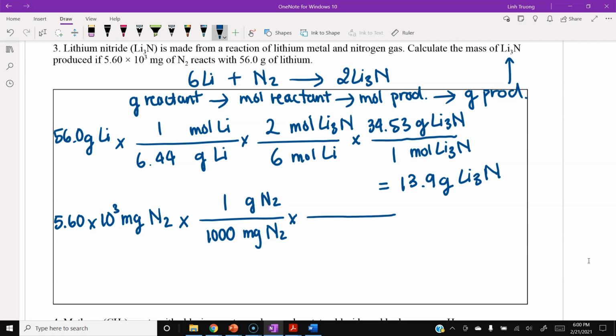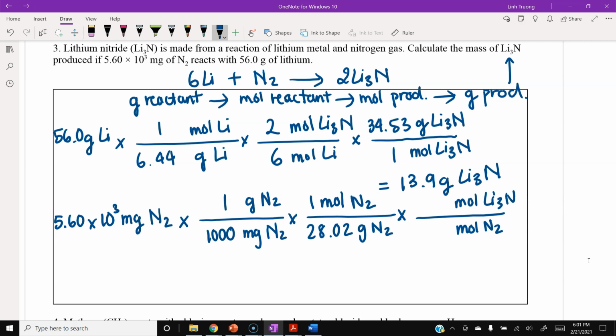We can do the same thing as always, going from gram of reactant to mole of reactant. So gram of reactant at the bottom, and the molar mass for N2 is 28.02 with 1 mole of N2 at the top. Now going to mole of our product, lithium nitride, I want mole of N2 at the bottom and mole of lithium nitride at the top, and that is 2 to 1 according to our balanced chemical equation.